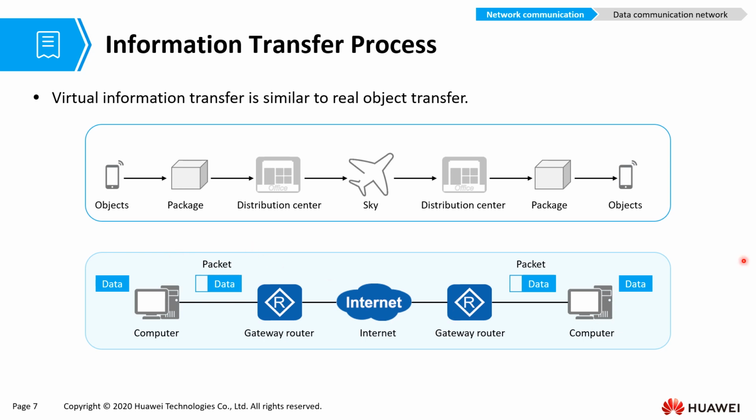The application packs the data into the original data payload and adds the header and tail to form a packet. The important information in the packet is the address information of the receiver or destination. That is the destination address.